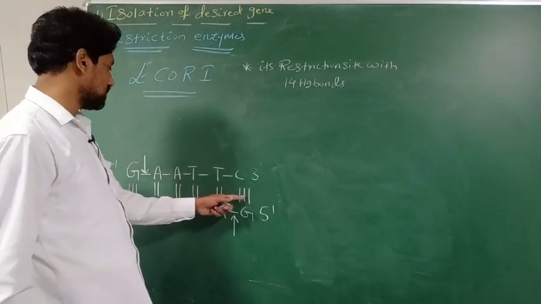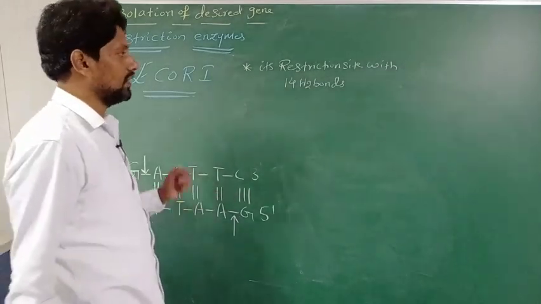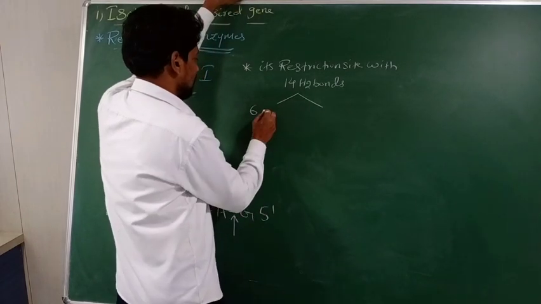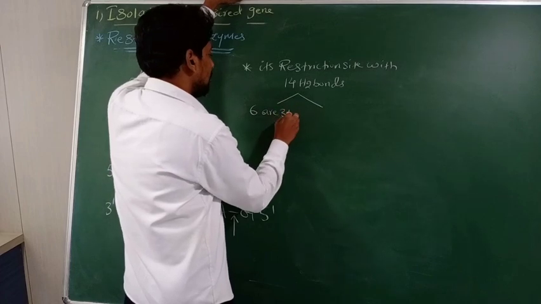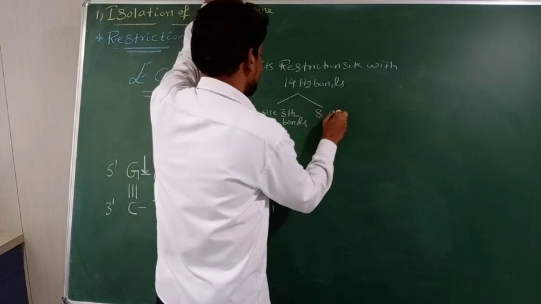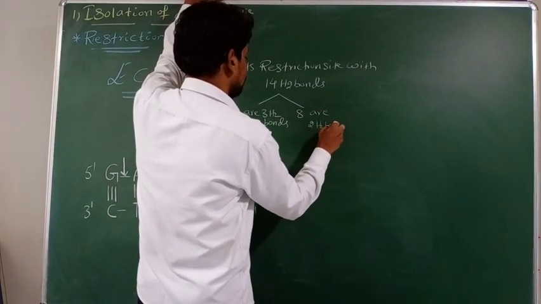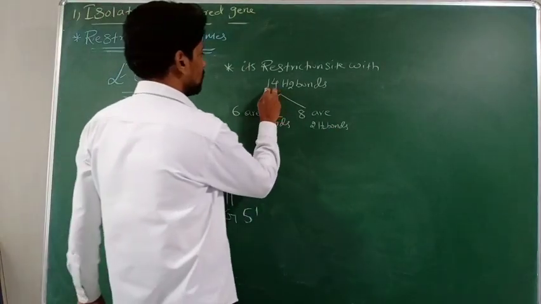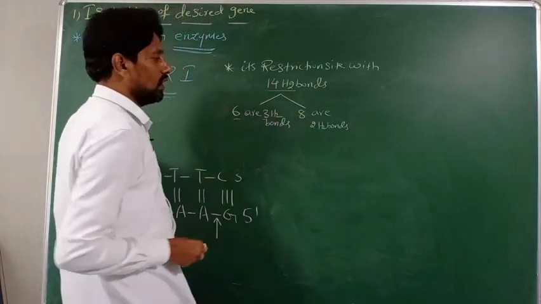Out of 14 hydrogen bonds, 6 are 3-hydrogen bonds, whereas 8 are 2-hydrogen bonds.